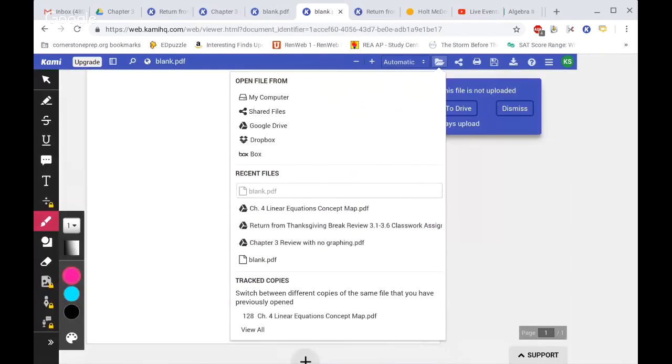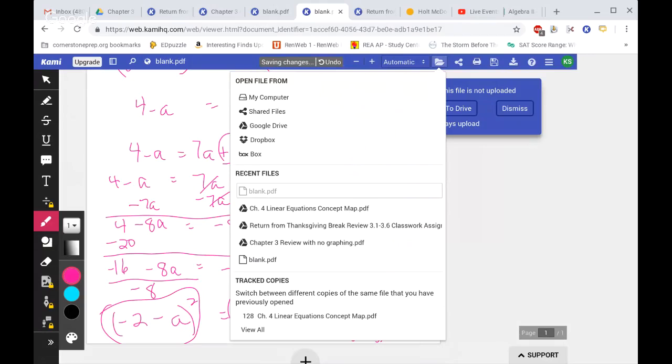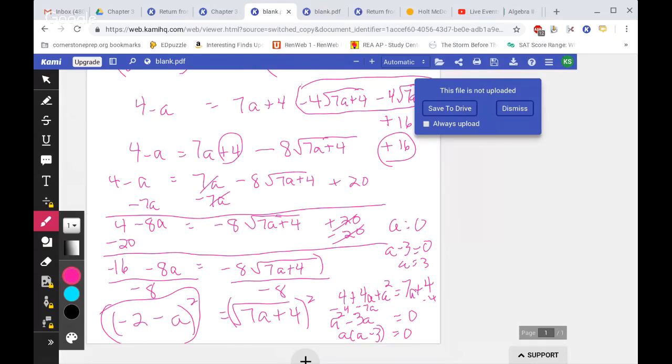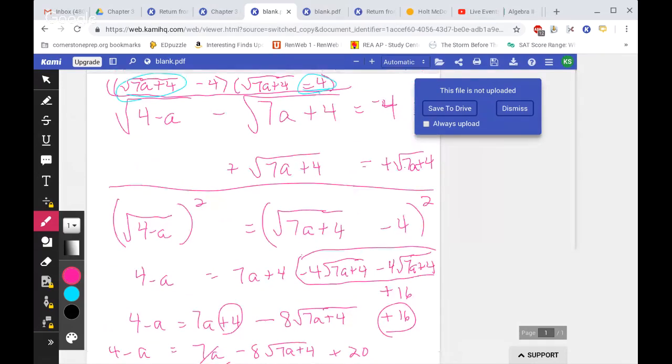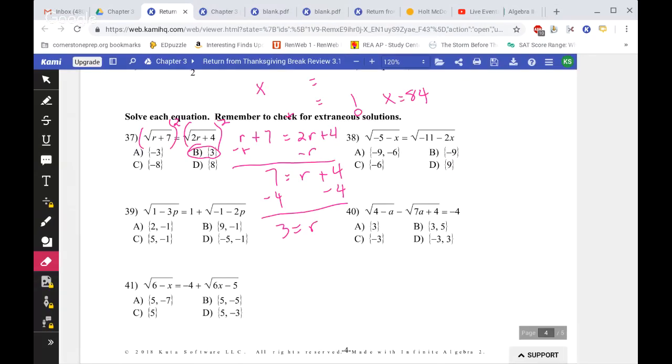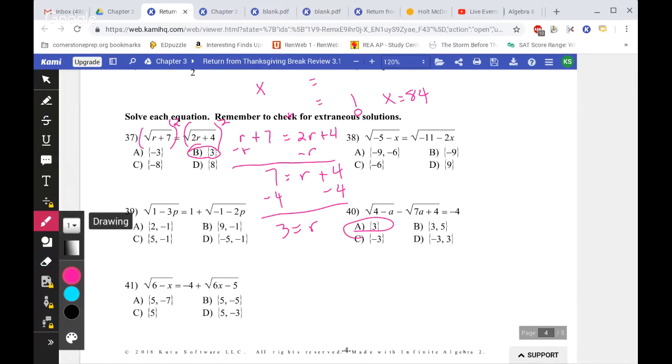But I had the check up just a minute ago where I checked it. The 0 does not check out. When you plug all of this back in here, the 0 does not check. Only the 3 checks. So the two answers that you come up with are 3 and 0, but 3 is the only one that checks.